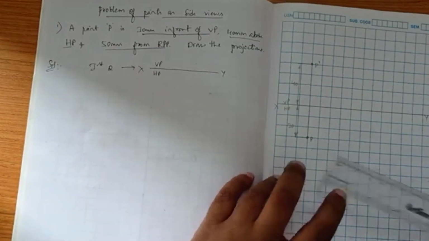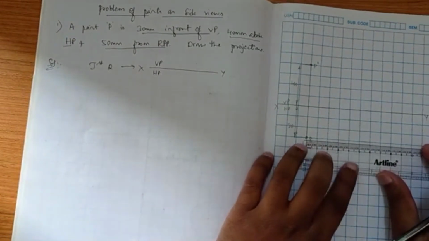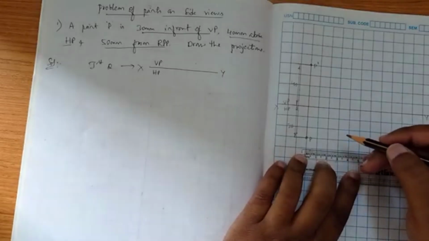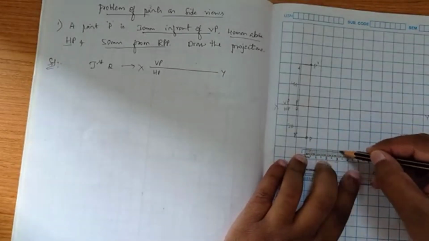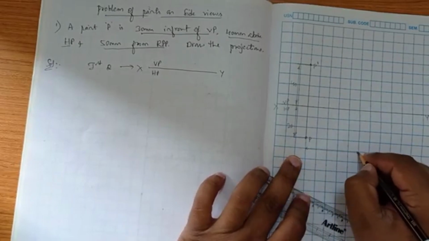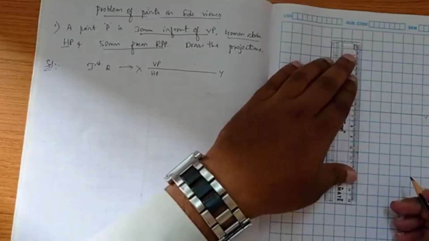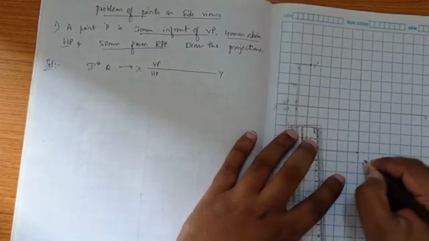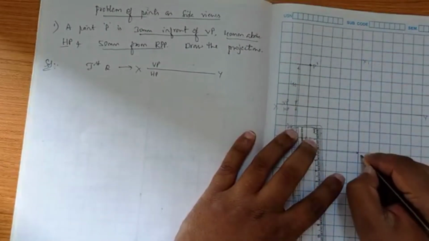From this projection point we consider a distance of 50, that is 5 boxes. Keeping this distance of 5 boxes, we draw the x1 y1 line because it is 50 mm from RPP.